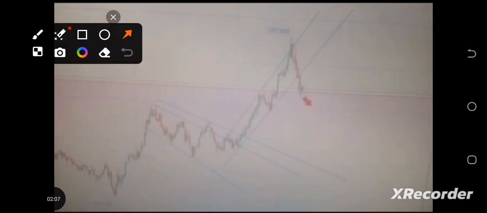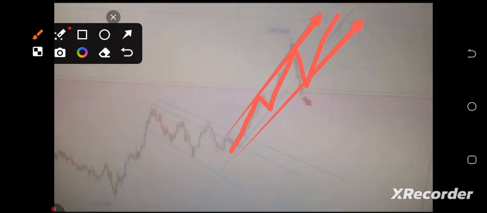This is the channel. Look at your chart, and the market is moving like this. So at this particular area, the level you are entering is not ideal, because the market can use it to continue to move higher.